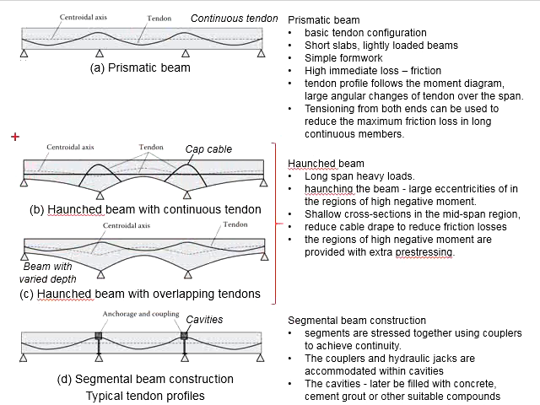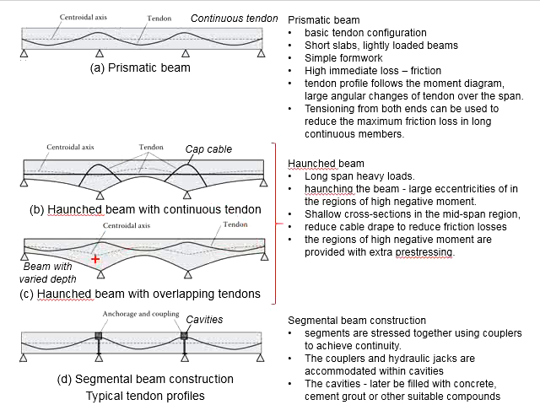A haunch beam means that the effective section of the beam varies along the span. At some supports, there will be a larger effective depth of the section, and due to the changing depth of the sections, the position of the central axis will also vary along the length.